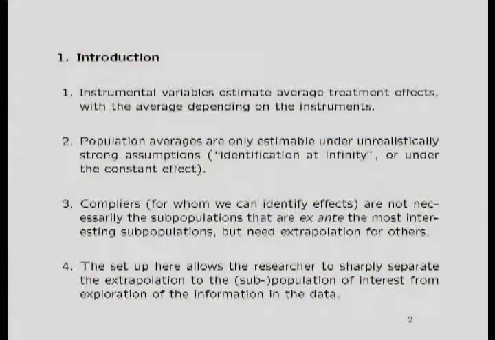And so here, let me summarize the main points. One of the key results in the recent literature is that if we allow for heterogeneity, for which there is both a lot of empirical evidence that there is heterogeneity, as well as concern that just the assumption of having a constant effect is very dubious, then instrumental variables still estimates average effects, but the specific average depends on the choice of instruments.